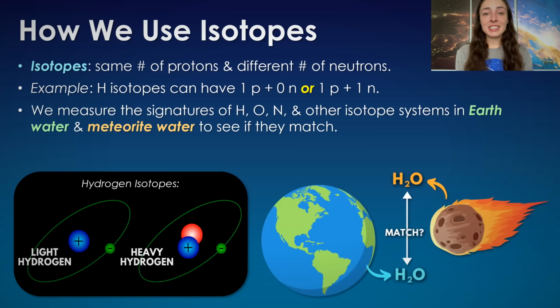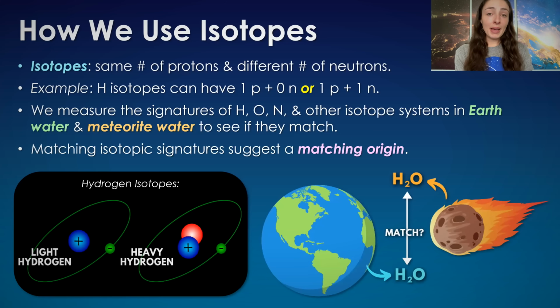So we can basically measure signatures of hydrogen, oxygen, nitrogen, and other isotope ratios. In other words, the ratio, for example, of deuterium to regular hydrogen in Earth's water versus meteorite water to see if they match. Matching isotopic signatures or isotopic ratios of deuterium to hydrogen or heavy oxygen to light oxygen suggest a matching origin.